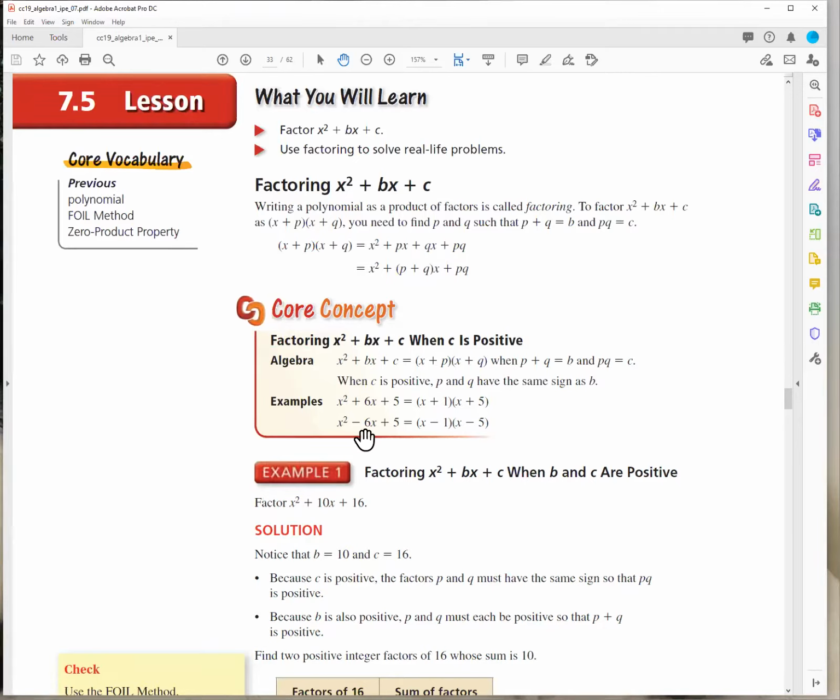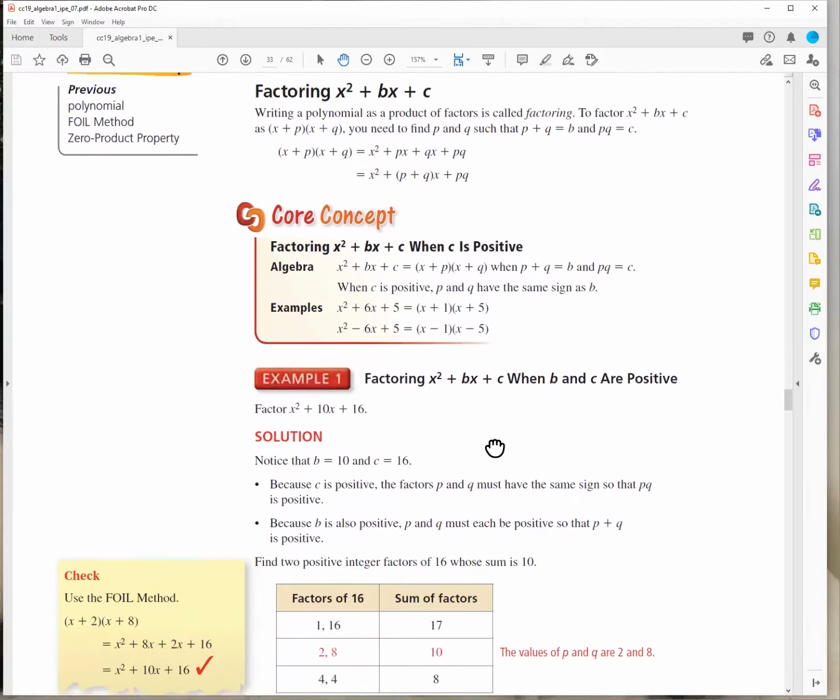Which is saying, when you want to reverse the process, like with x squared plus 6x plus 5, you need two numbers that multiply to 5 and add up to 6. So you can choose 1 and 5 as the two factors of 5, and they'll multiply out to 5 and add up to 6.